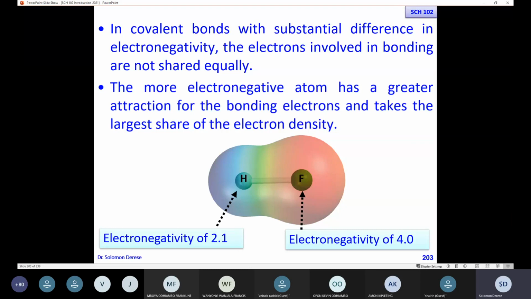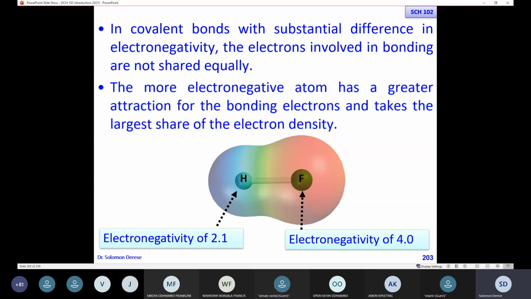HF is more polar than HCl. The reason being the differences in terms of electronegativity between fluorine and hydrogen. 4.0 minus 2.1 is more than the difference in terms of electronegativity between chlorine and hydrogen. 3.0, which is the electronegativity of chlorine, minus 2.1, which is the electronegativity of hydrogen, is 0.9.